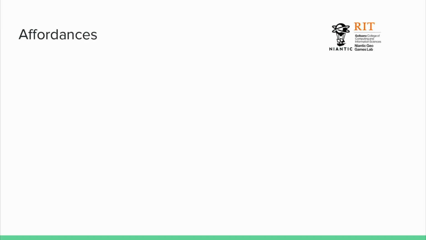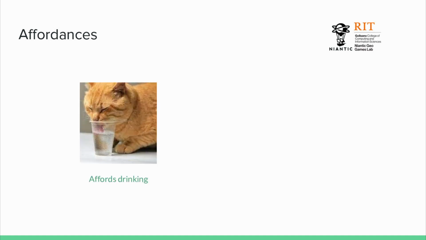Importantly, an affordance is not an inherent property of the object, as it requires an actor that can exist to act upon that property. And for this, I'm going to use a cat as an example. So we have some water, and this particular cat is able to drink this liquid water. Therefore, the water affords drinking to the cat, right?